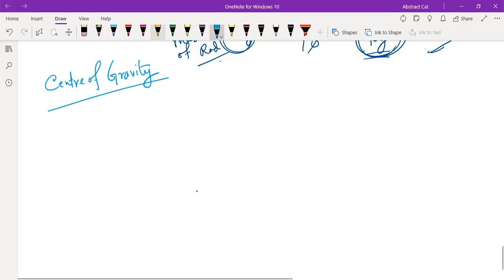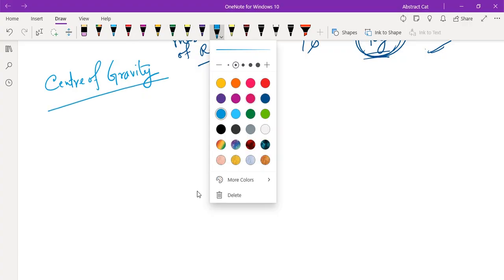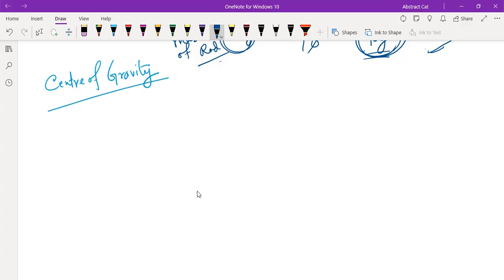What is the center of gravity? Center of gravity is a point. At that point, the algebraic sum of all moments is zero.